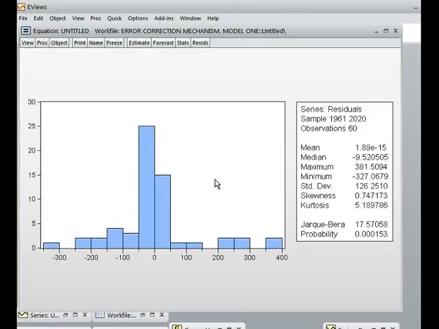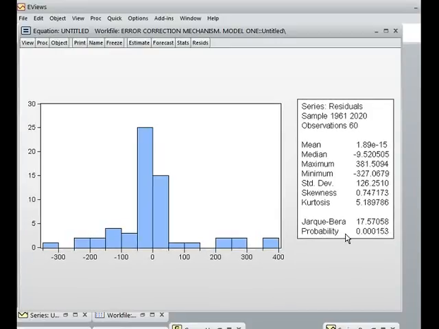The result has come up. The Jarque-Bera statistics and the p-value, right? You can see from here. What is the p-value? The p-value is less than 5%. So meaning that we can reject the null hypothesis and accept the alternative.